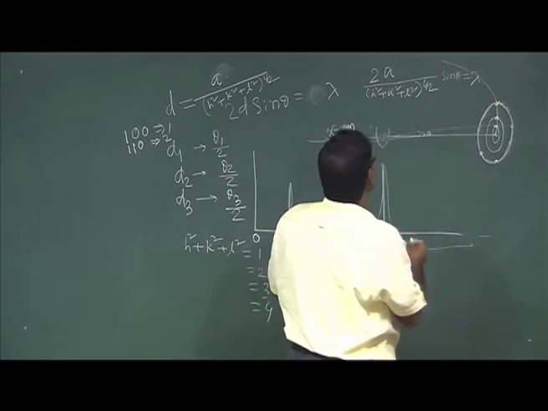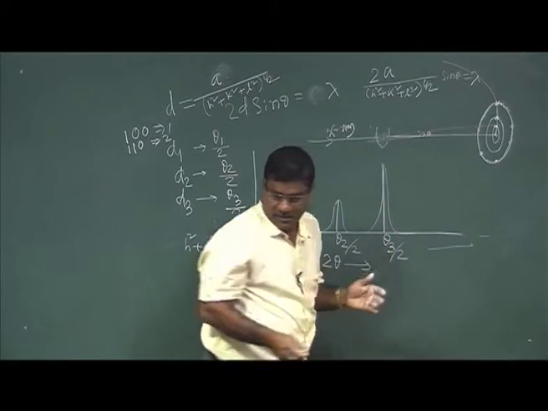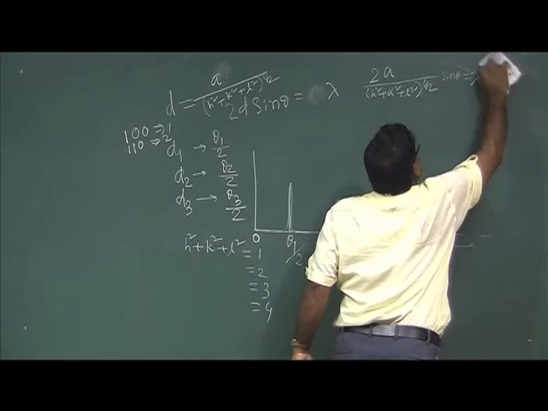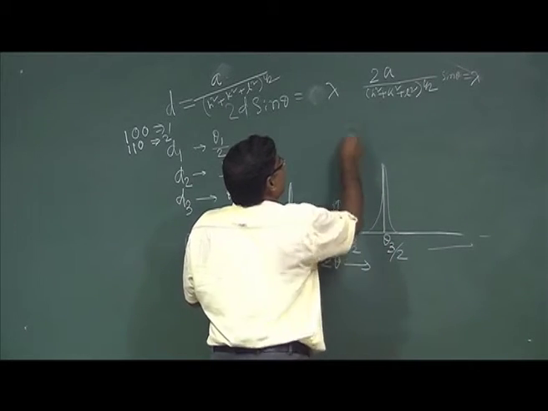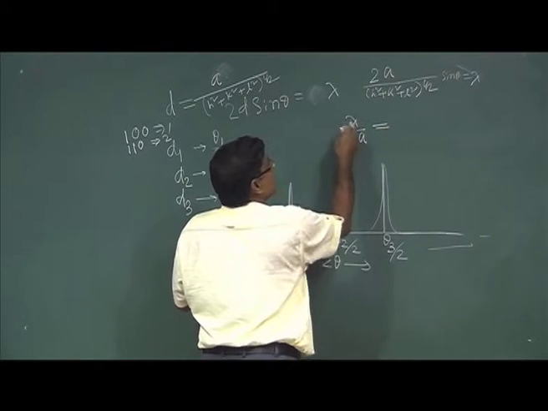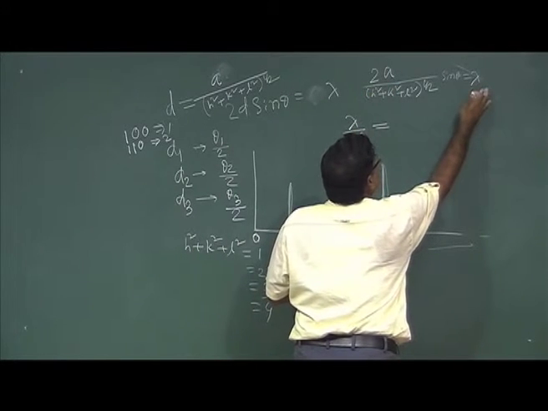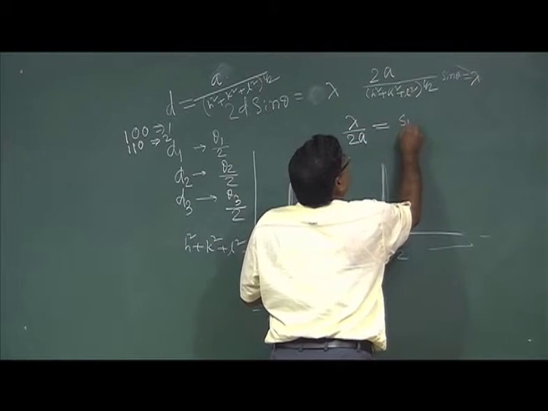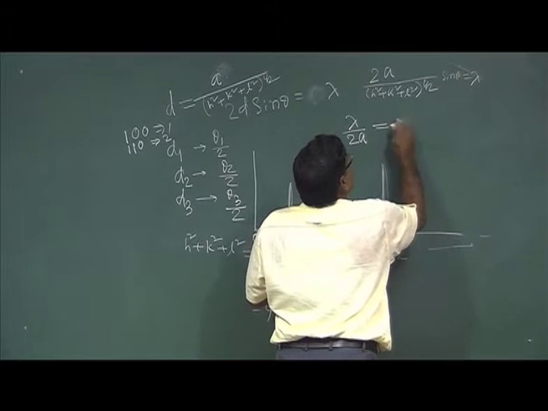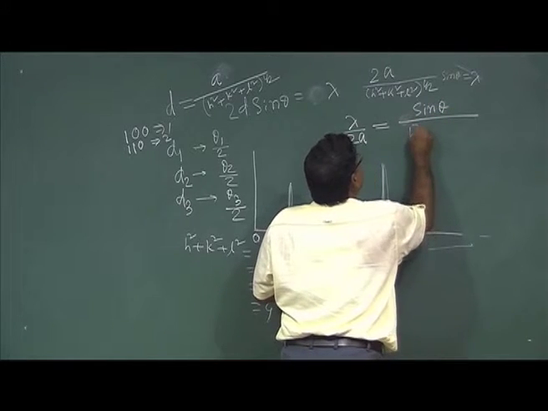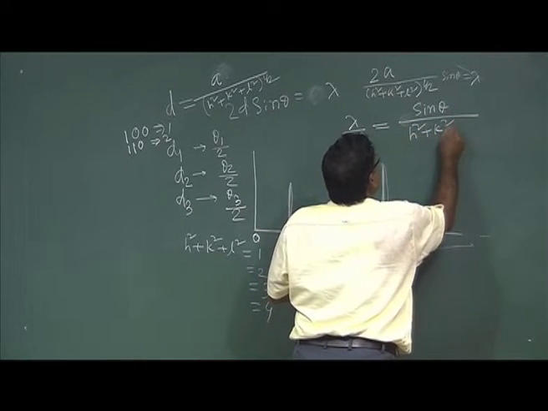But the interesting thing is that lambda by 2a will be equal to sin theta by the square root of h square plus k square plus l square.